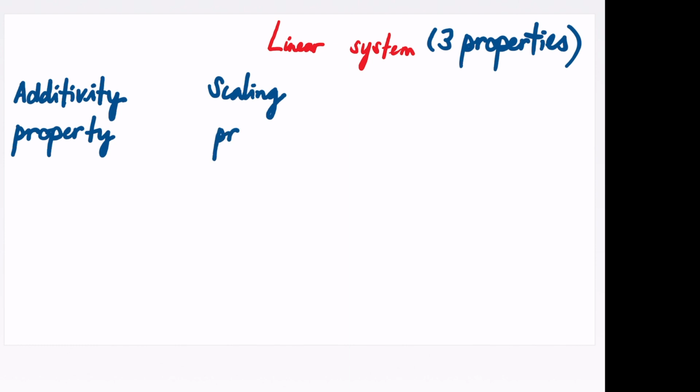The second property of a linear system is the scaling property. And the third property is called the superposition property.